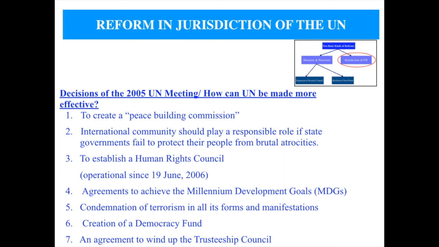And one of the agreements was also to achieve the Millennium Development Goals, and it also resolved to condemn terrorism in all different forms and manifestations. Okay, and they also resolved to create a democracy front, and they also agreed to wind up the Trusteeship Council, which we have already discussed in the first part of this chapter.